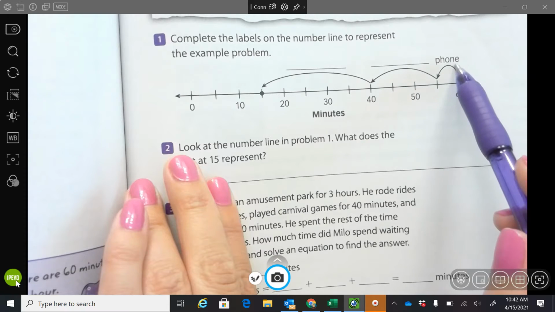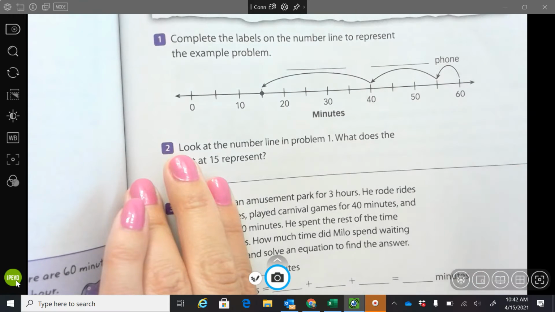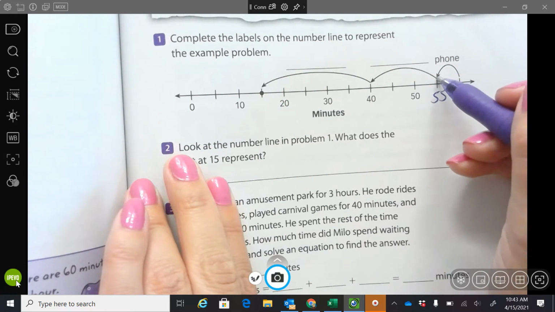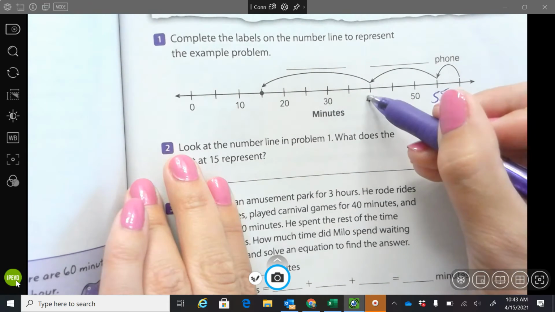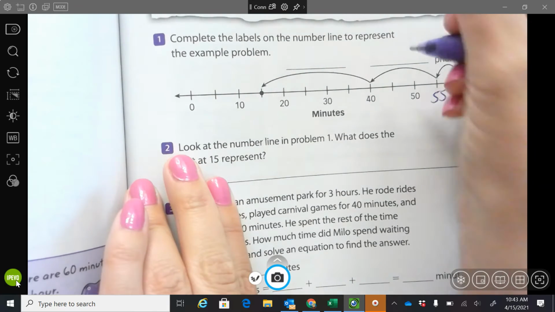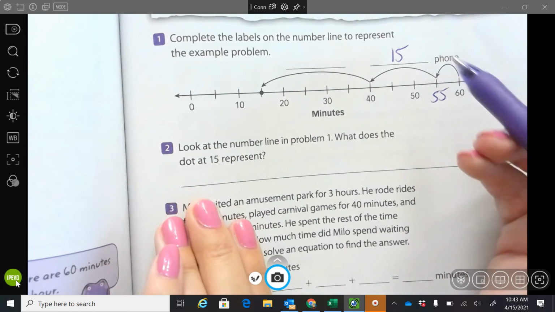So first, what did the person do? Spend 5 minutes on the phone, because 55 would go here, right? So then from 55 to 40, how long is that? 15 minutes on games.